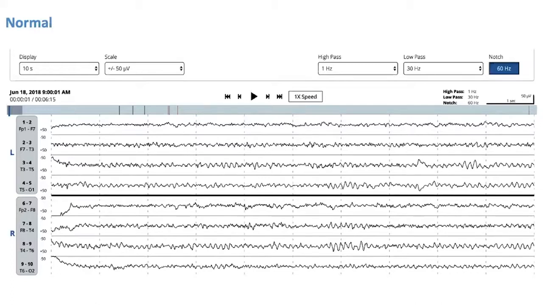So first on the block, alpha. But it's present as a normal finding in the vast majority of people. A person who doesn't have it can still be normal, but the vast majority of people do have it in an awake state and a relaxed state. A person who's tense or visually inspecting an area will not have it, and that's normal. It's present with the eyes closed.